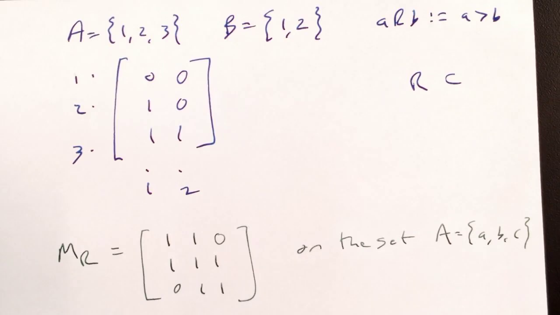So we're going from the set A to the set A. I just decided to call the set A, B, C. Call it anything you want. 1, 2, 3, red, green, blue, doesn't matter. What's related to what?